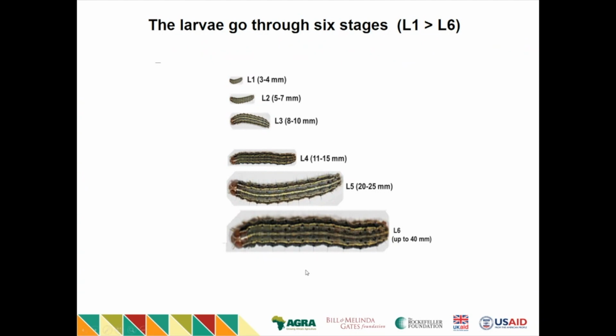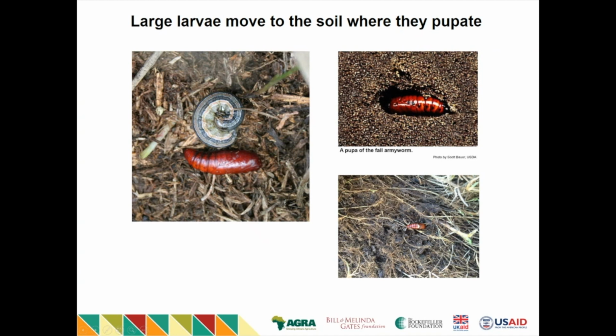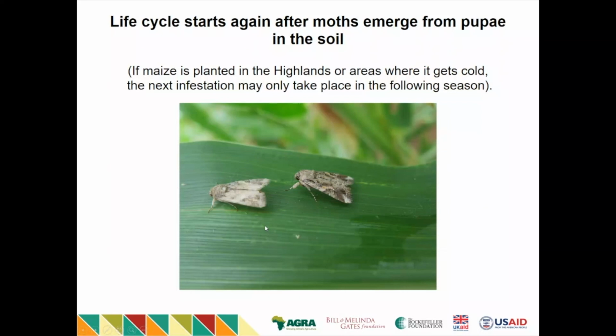And they develop through these stages. Then the larva climbs off the plant and the pupa forms inside the soil. Here's a fall armyworm pupa 2 or 3 centimeters below soil level or in the plant debris. And then when the pupal stage is completed, the moths come out again and they continue the cycle.